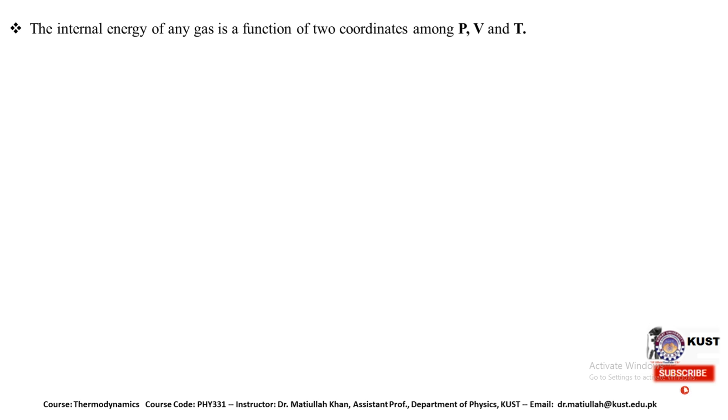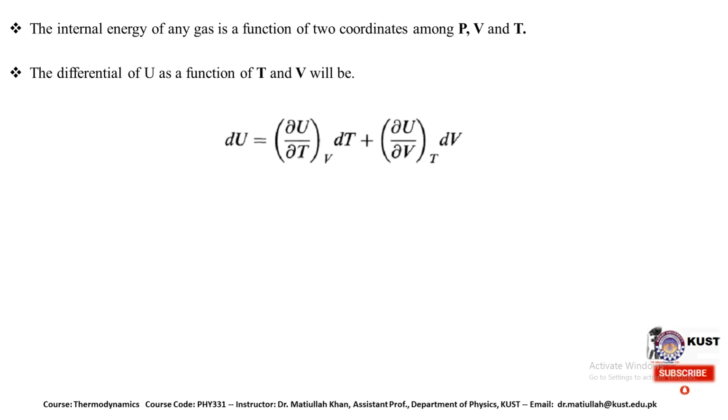The internal energy of any gas is a function of two coordinates. If you consider the internal energy of any particular gas to be a function of two coordinates among P, V and T, so the differential of U as a function of T and V could be written as dU = (∂U/∂T) at constant V dT + (∂U/∂V) at constant T dV.